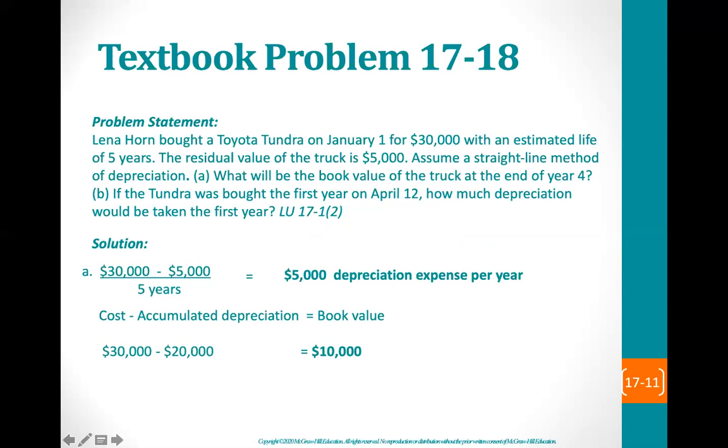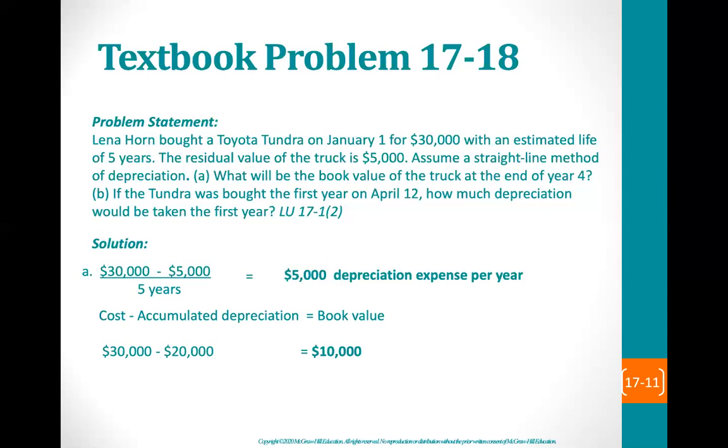Now, what if the Tundra was bought the first year on April the 12th? How much depreciation would be taken in the first year? First, we need to calculate how many months we're taking depreciation. April the 12th is before the 15th of the month.